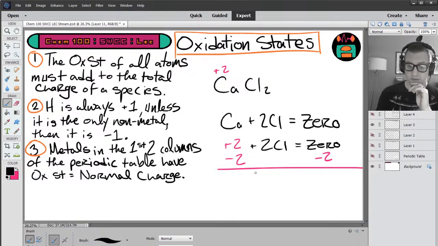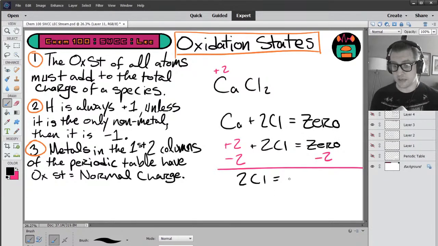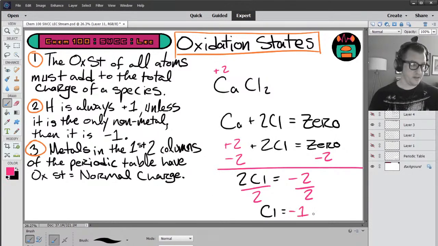So we have 2 times our oxidation state of chlorine is equal to -2. Next, we have to isolate chlorine, so we divide both sides by 2, and we see that chlorine has an oxidation state of -1.